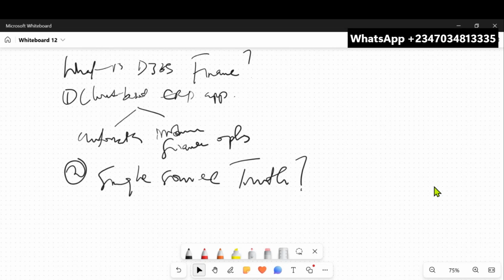To be honest, this phrase single source of truth gets thrown around a lot. In my own little experience, what we've all said so far is right, but it depends on the context in which you're using the phrase. So I'm going to give you a practical experience.